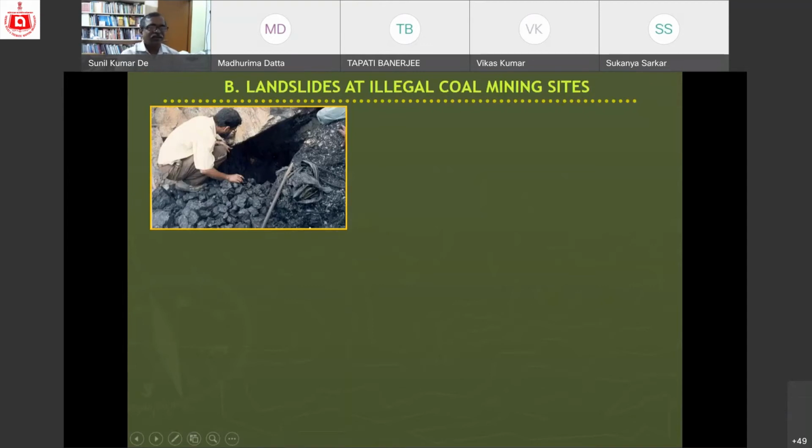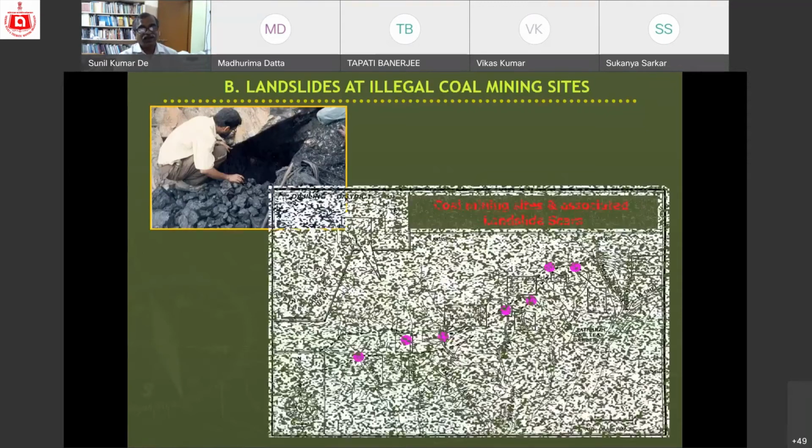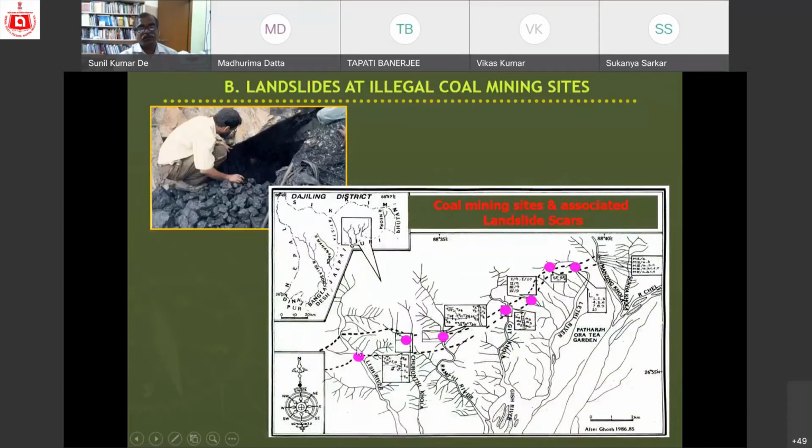Now, in the latter half of the 1970s, in Jadavpur University, Professor Aurobindo Ghosh collected this sample and tested it in their laboratory, and he found that these are anthracitic coals. It means that there is a very high quantity of carbon within this coal. And this is the coal seam belt from Tindoria to Bagrakot in Darjeeling Himalaya. So this is a thick coal seam.